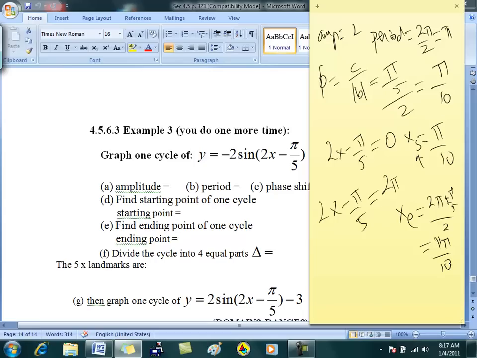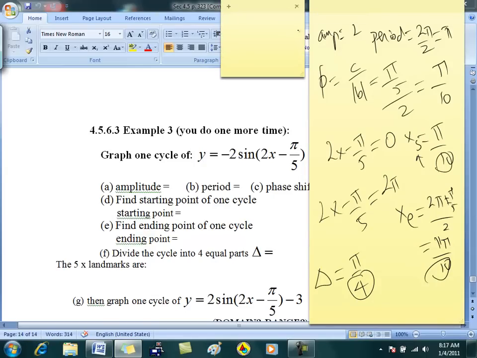Now notice, and then we need increment, okay? So increment is pi over 4. So now you got 4 in the denominator here and 10 in the denominator for this and this. So what's the common denominator? 20. So that's where you really need to pay attention and make sure you get everything on common denominator, okay?